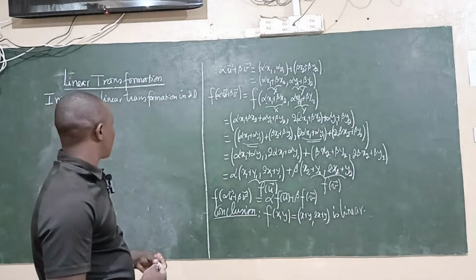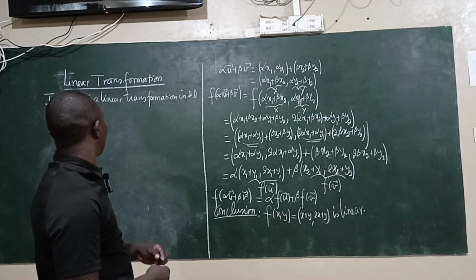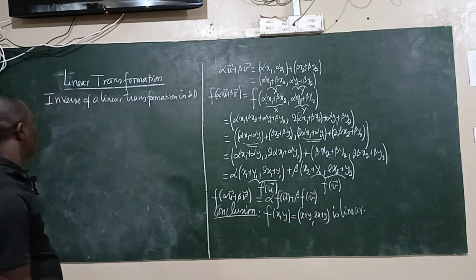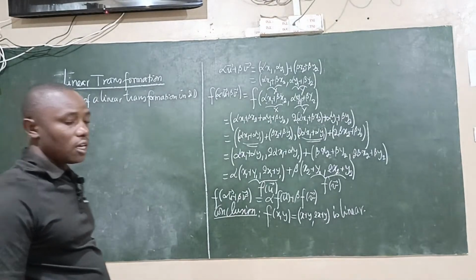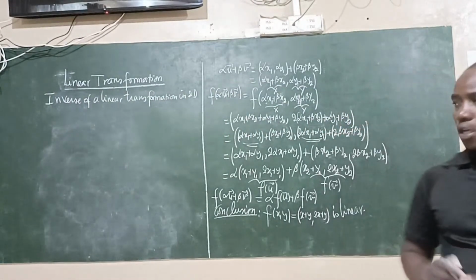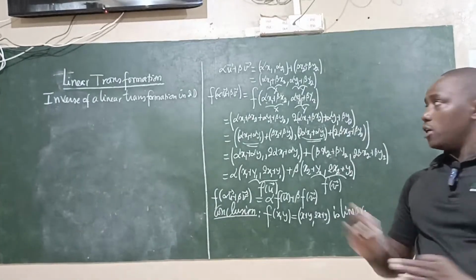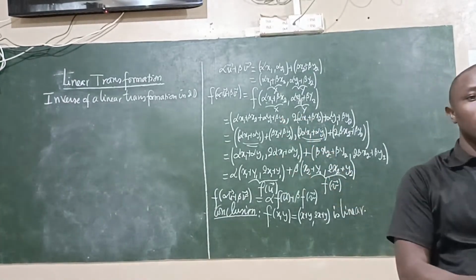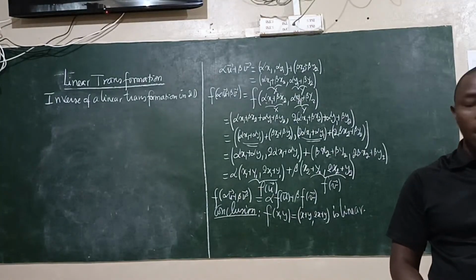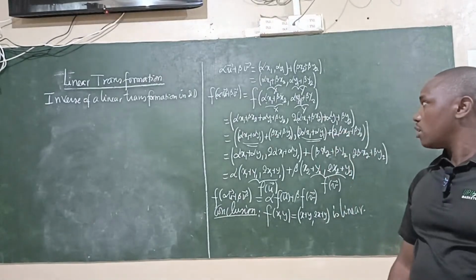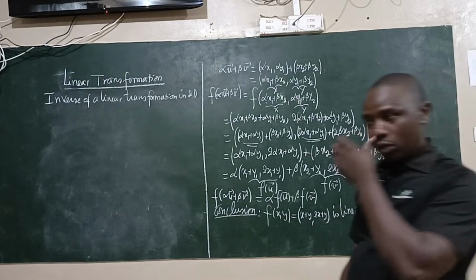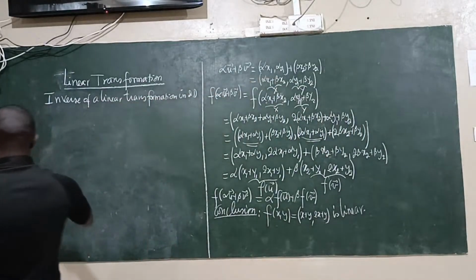Before going to the way of finding the inverse of your linear transformation, I would like to remind you how to find the determinant of any matrix. Here, because we are dealing with 2D, we are going to remember how we find an inverse of a 2 by 2 matrix. Remember this. Recall.